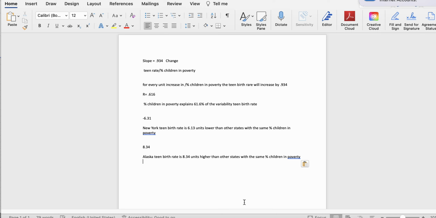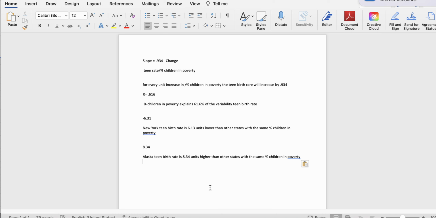Now you want to understand that a low birth rate, the fact that it's a low birth rate, that's a good thing. So the birth rate in New York is basically lower than expected, and the birth rate in Alaska is higher than expected.